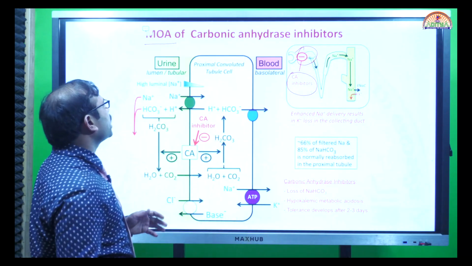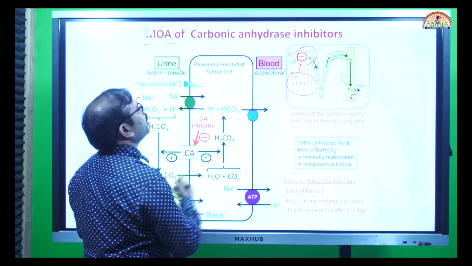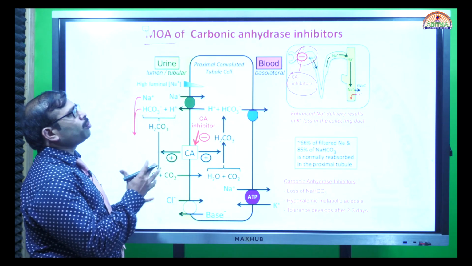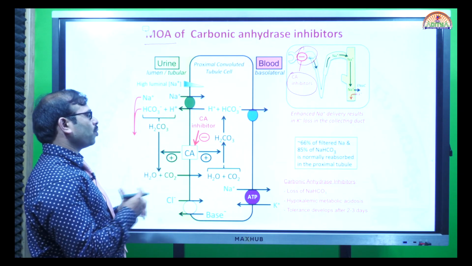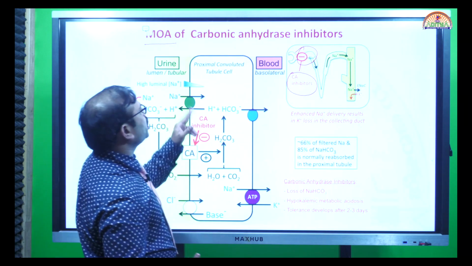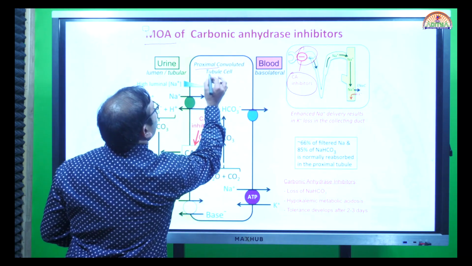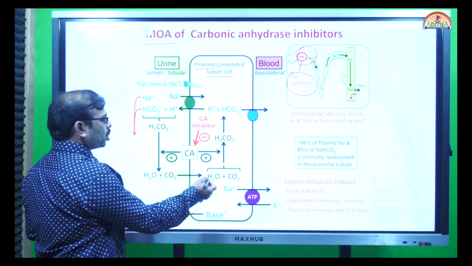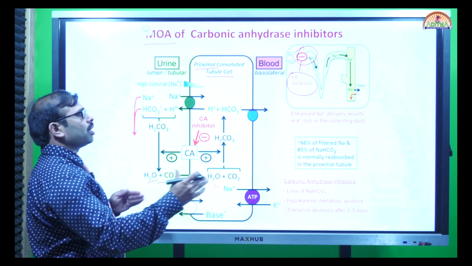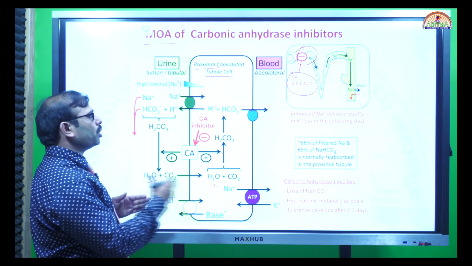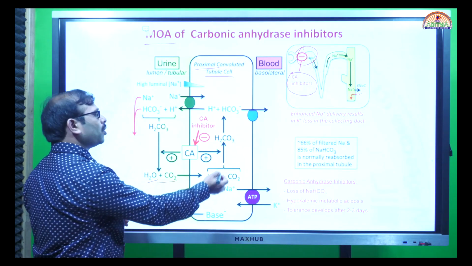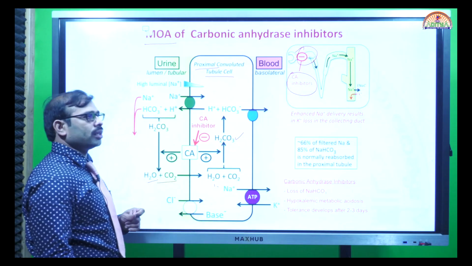Specially focusing on this part of the PCT, inside there is urine, followed by the blood on the basolateral side. Carbonic anhydrase is one of the important enzymes. In the PCT cell, water and carbon dioxide are converted into carbonic acid, H2CO3.